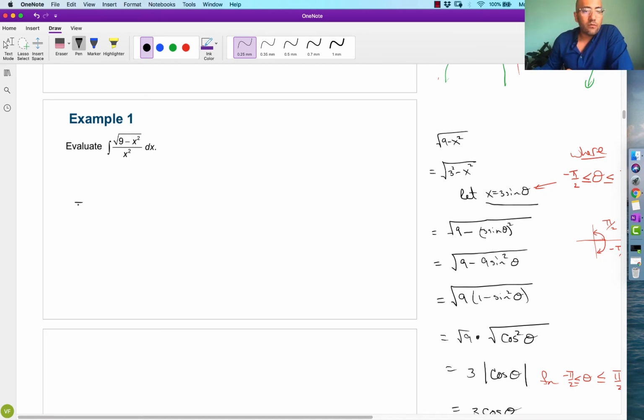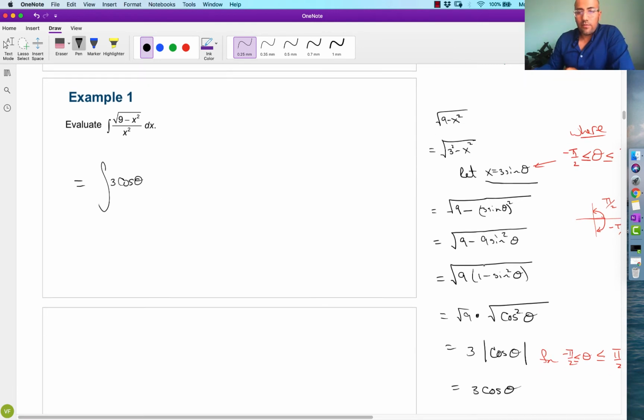Okay, so this whole integral is going to be equal to the integral of 3 cosine of theta in the numerator. That's how we got this whole thing. Divided by x, which we said is 3 sine of theta squared.